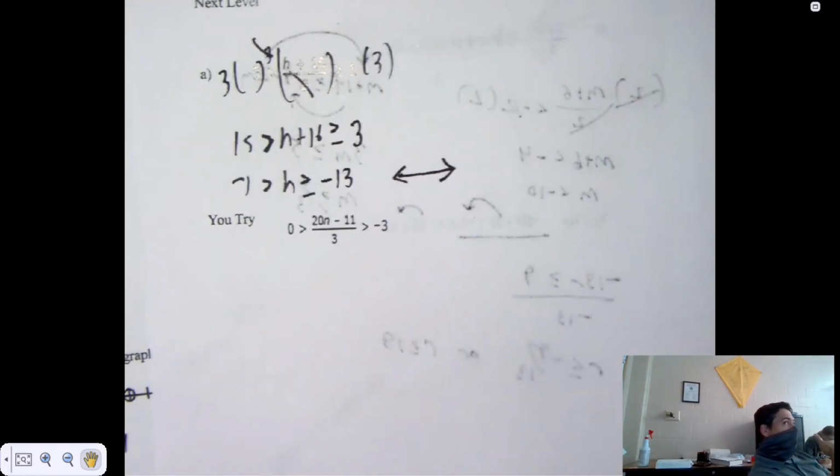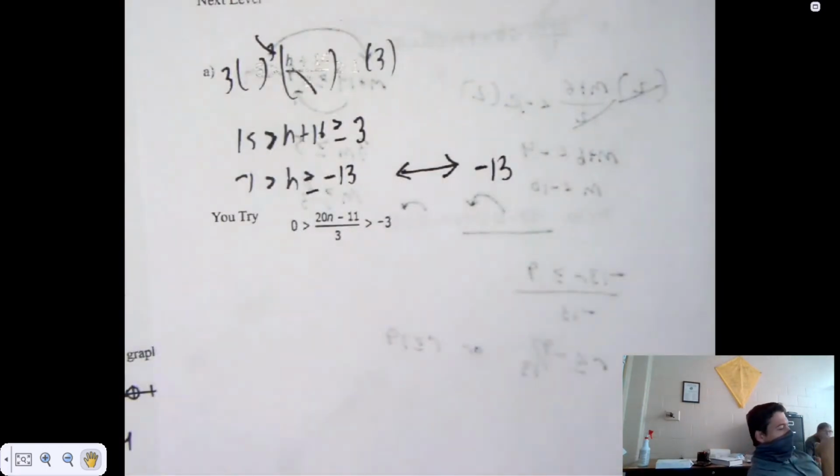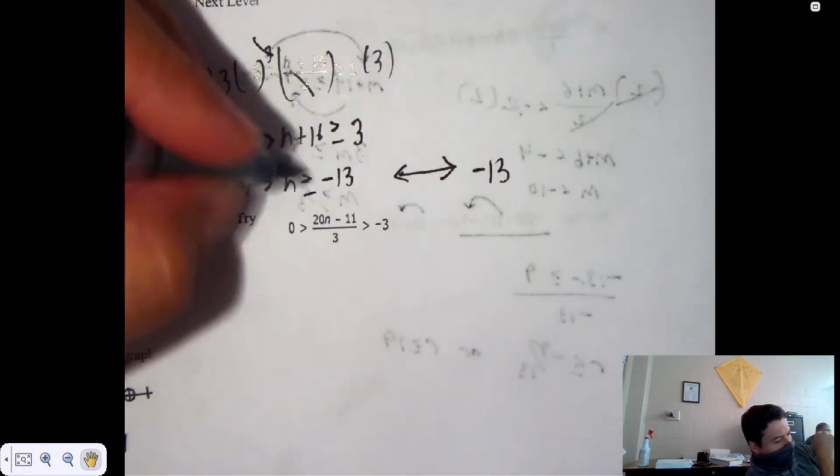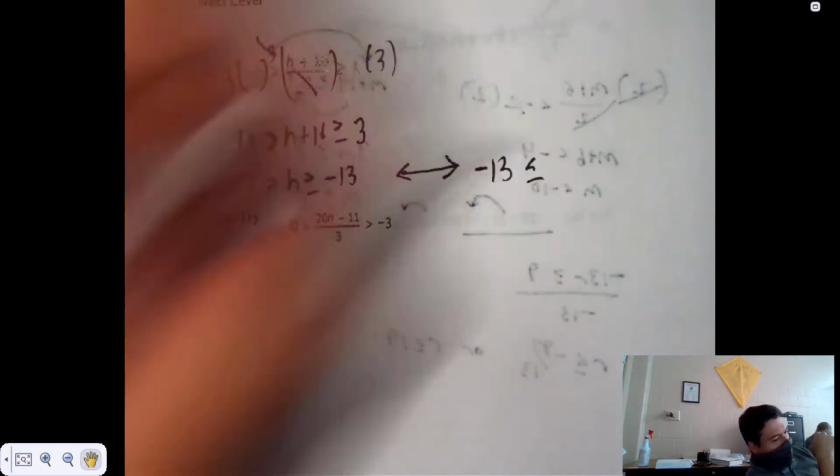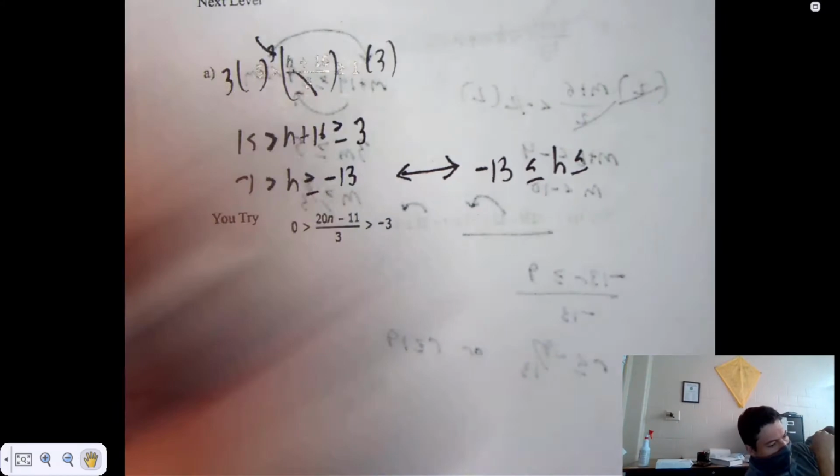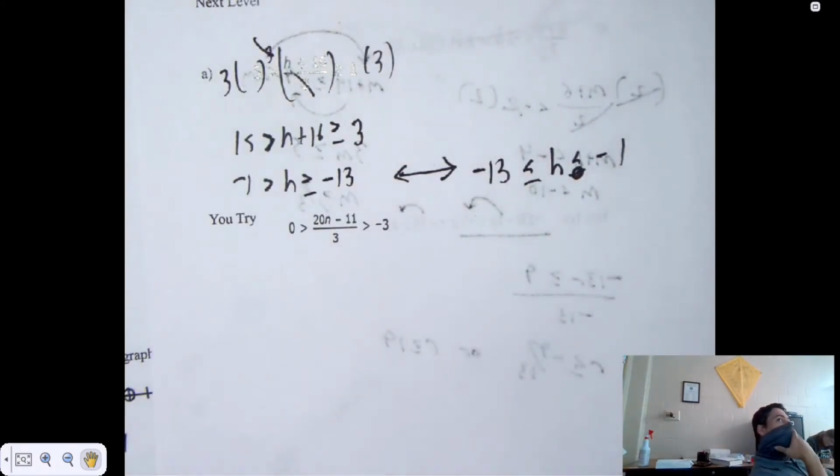Me personally, a personal preference would be just to put that negative 13 on the left. And what happens to the symbolism when you do that? They flip, right? This guy, he comes over, but now he's a less than or equal to. Looks like that.